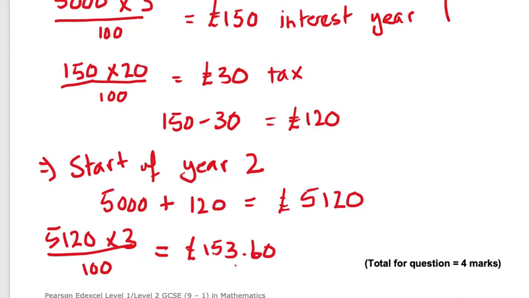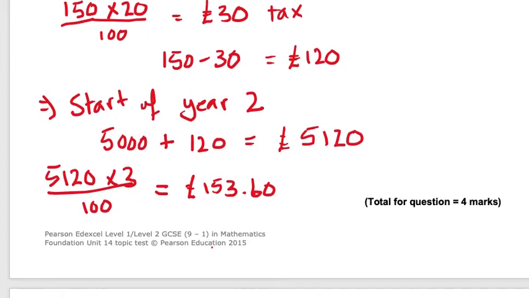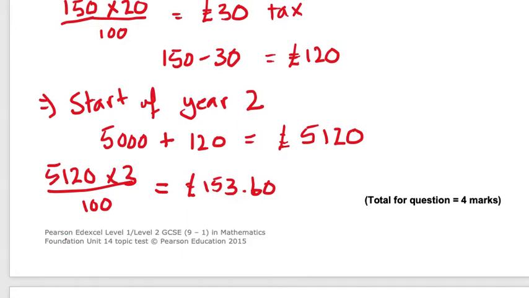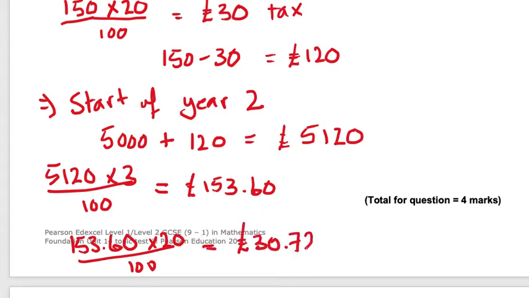We have to find the tax on that amount. We take away the tax, so I'm just going to draw a line here. What we've got is the 153.60.